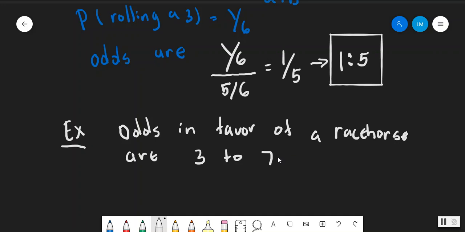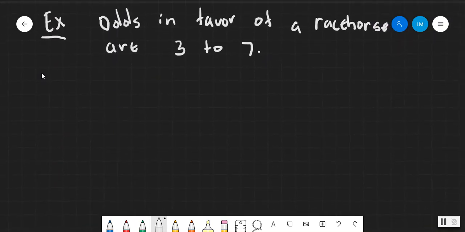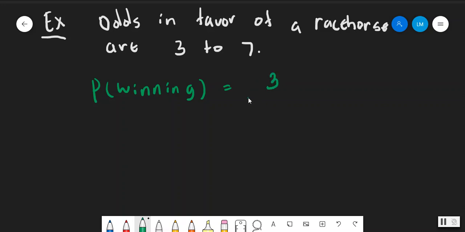We want to know the probability that the racehorse will win the race. The probability of winning is going to be 3 divided by 3 plus 7, which is 3 over 10. This gives us a 30% chance that the racehorse is going to win, which would be a bit of a risky wager.